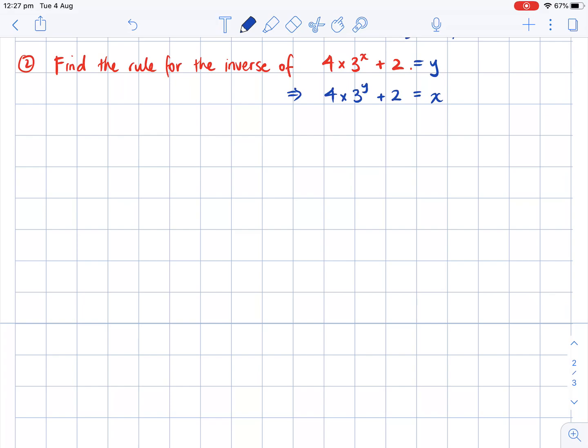And to get that to its new form, to the inverse form, I'm going to rearrange this equation now to get y back by itself. So my first step is I'm going to do the opposite of plus 2, which is minus 2. I'm going to do the opposite of times 4, which is divide by 4.